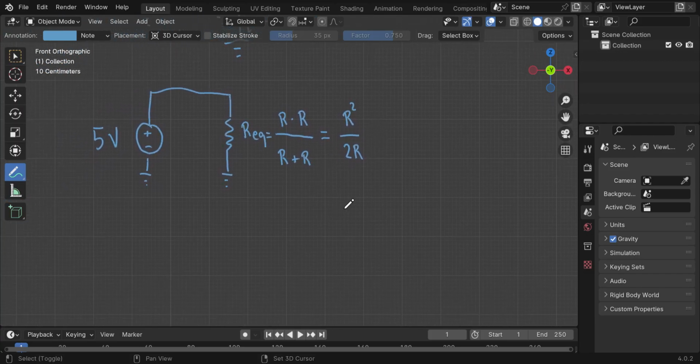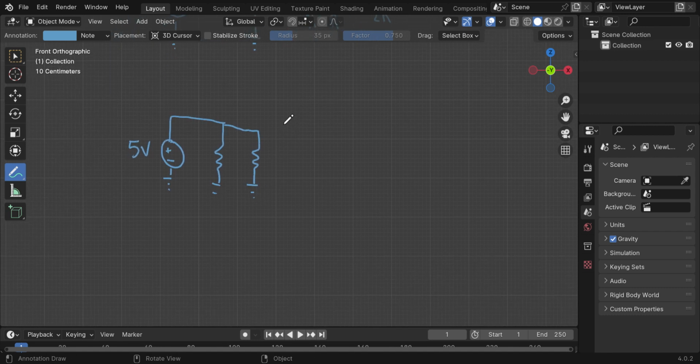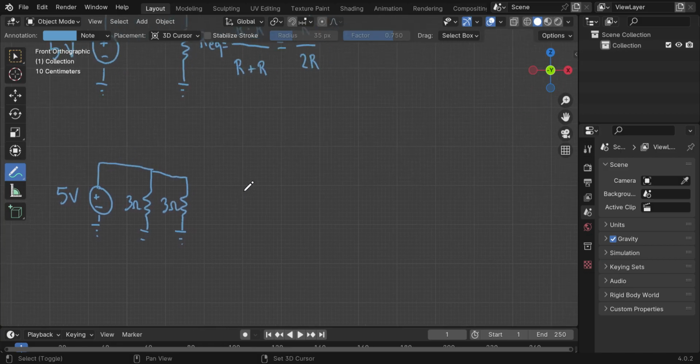So looking at an example of that, say we have our battery here, which is a 5-volt battery, and you have one resistor in parallel with another resistor, and say you have 3 ohms, and say this one's 3 ohms as well.